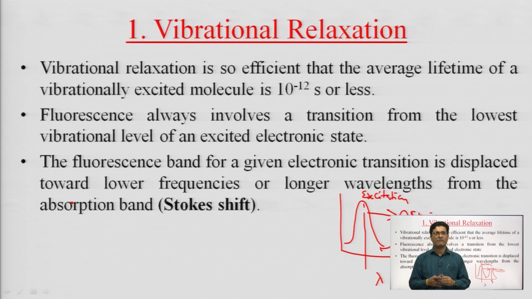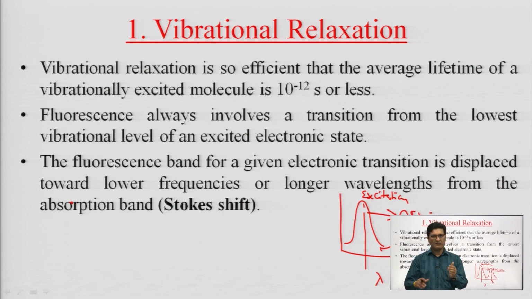Why is this happening? Because of the extra time spent by the electron to come from the upper vibrational level to the lower electronic energy level, and from that energy level it will come to any of the ground state energy levels.